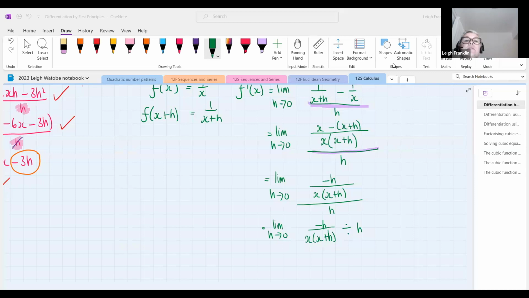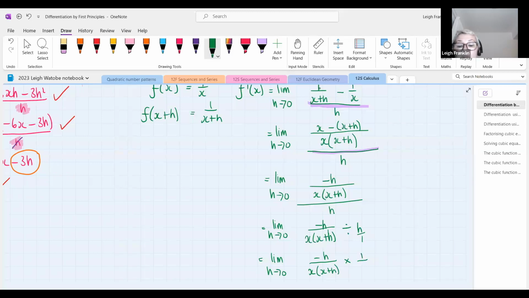We have to tip and times. Quite right, Shisana. So this is going to become our limit as h tends to 0. We're going to keep the first fraction the same. And here, we're going to tip and times. Now remember, that's h over 1.